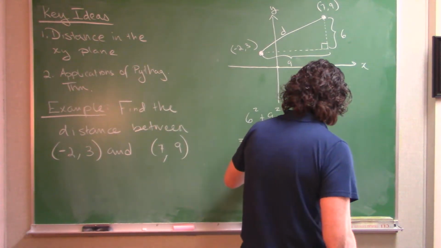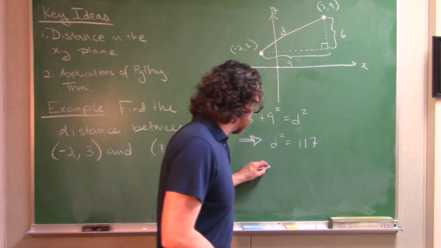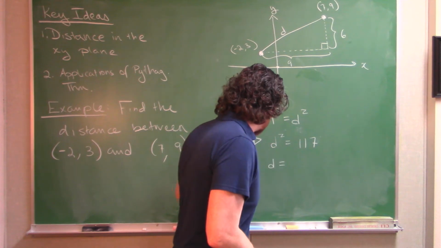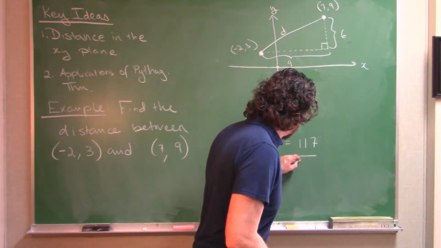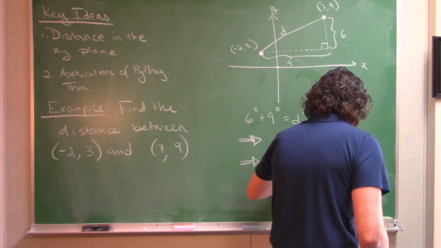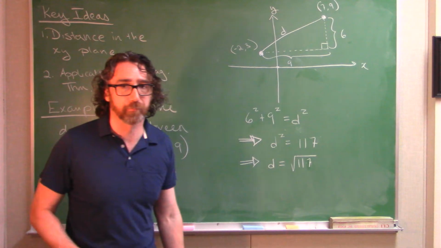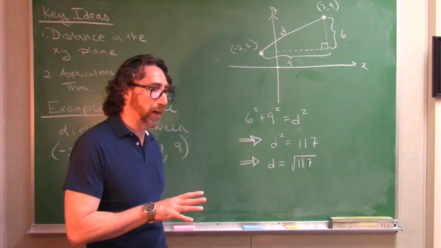So d squared equals 117. So d equals the square root of 117.